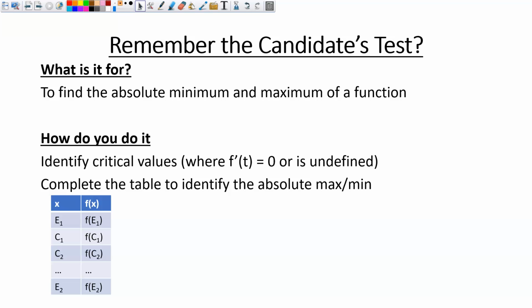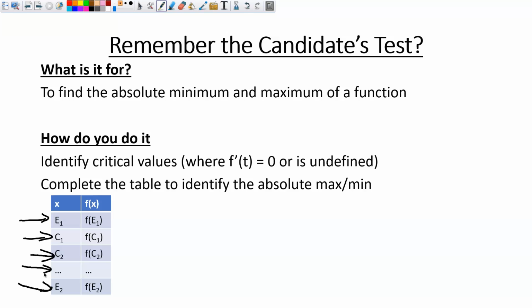So how do you do this? Well, it's called the candidates test because you're basically finding candidates for the absolute extrema. Which of these candidates are the absolute max and which of these candidates are the absolute min? So your candidates are the endpoints, and they're also the critical values, however many there may be.